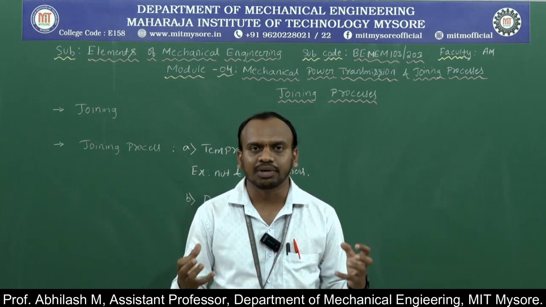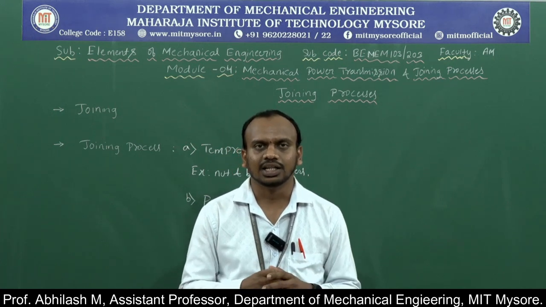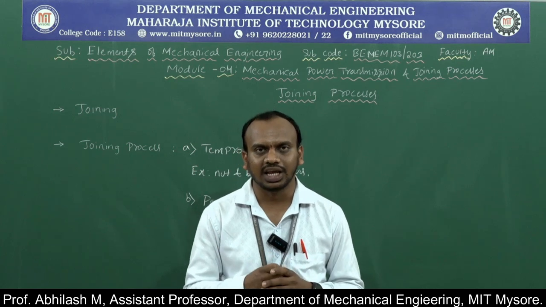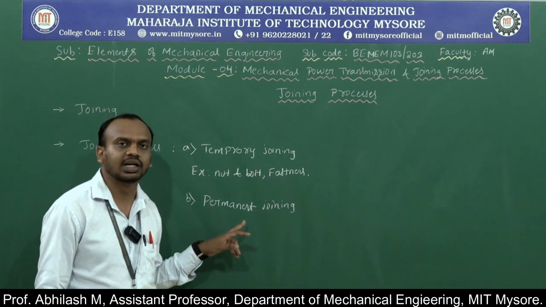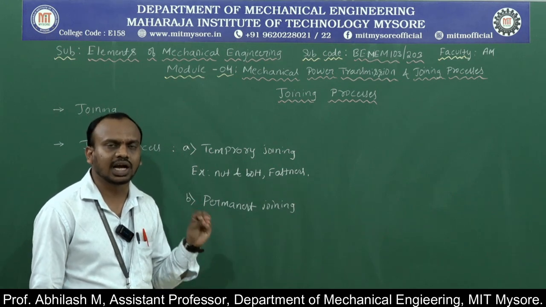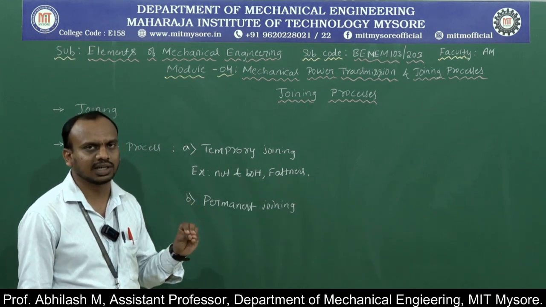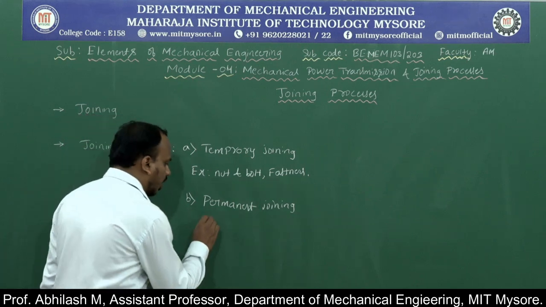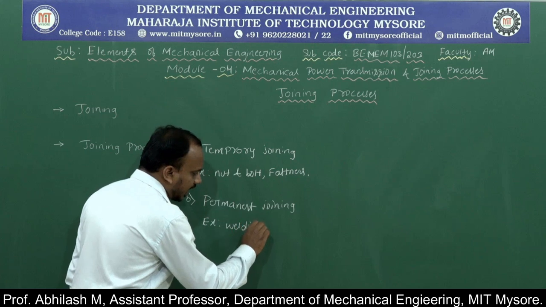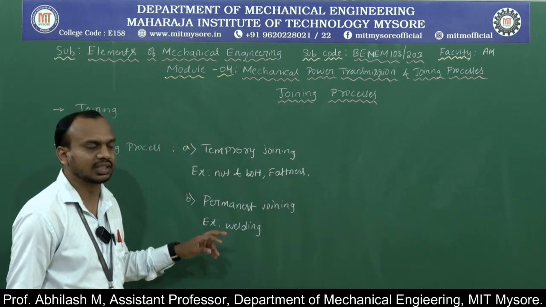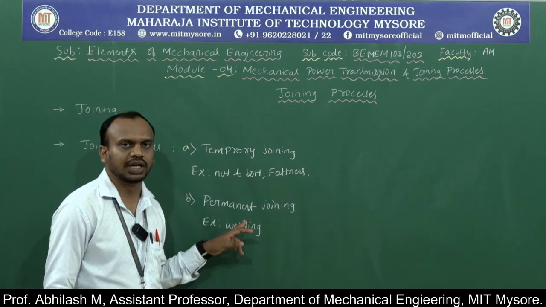They cannot be dismantled or disassembled very easily. Those joints we call permanent joints. The very basic and good example to understand permanent joining is welding. So welding is a classical example of permanent joining.